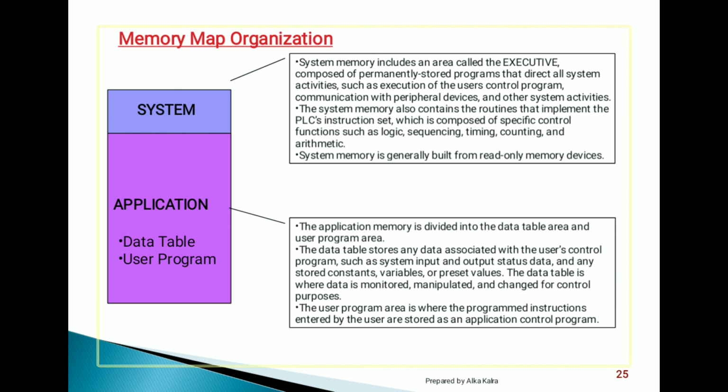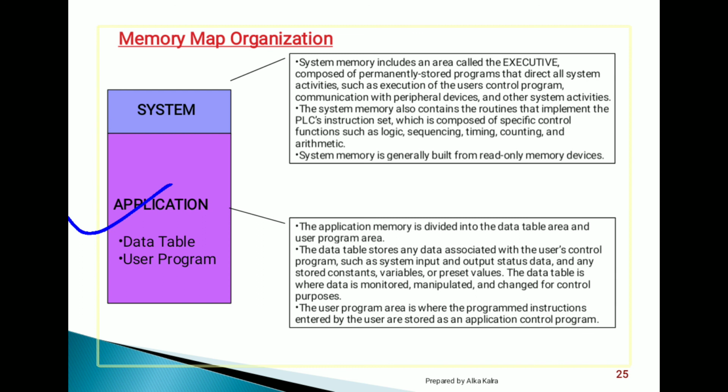Another memory we talk about is the application memory. It is also called the data table or user program. Application memory is of two types: data table storage, and user program storage area. The data table stores any data associated with the user's control program.